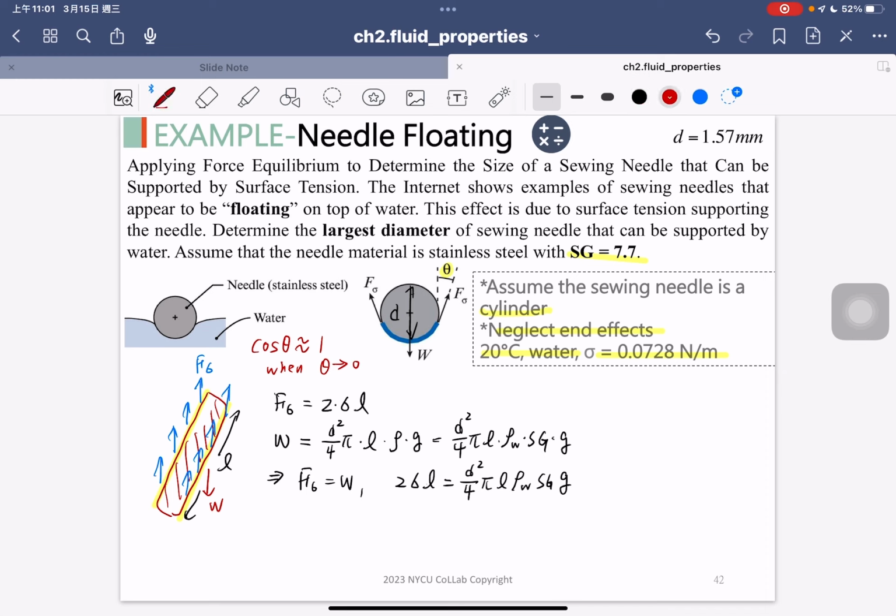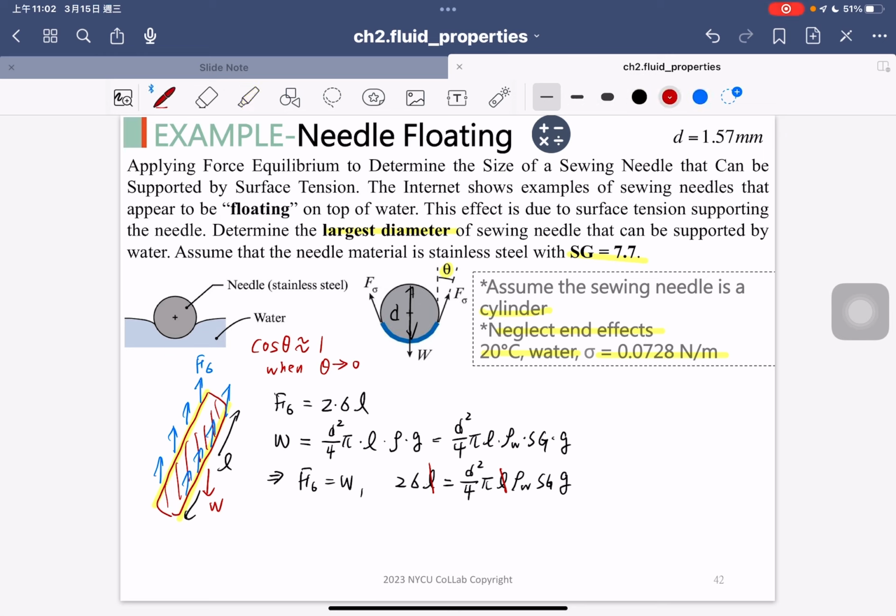Based on this force balance, we don't need information about the length, because the length of the needle cancels out on both sides. So this problem isn't affected by the length of the needle. The only parameter we don't know right now is the largest diameter we can have.